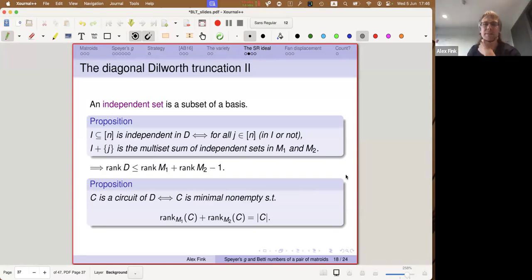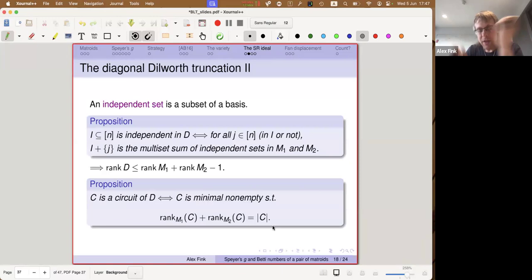A set is independent if, whenever I add an element, even a duplicate of an element that was already there, I can multi-set partition it into independent sets. The circuits also have a nice description. The circuits are the minimal non-empty sets such that if you add up their ranks in the two input matroids, they sum to the size of the circuit. This second characterization in particular we'll use when we make our new Stanley-Reisner ideal.